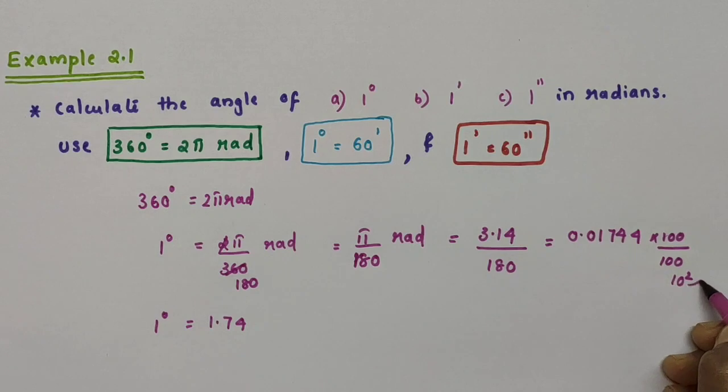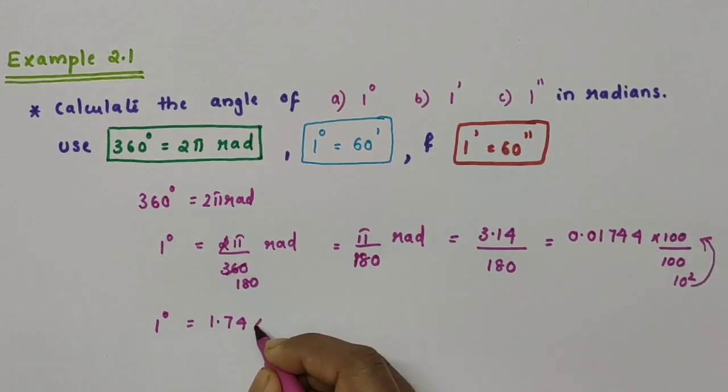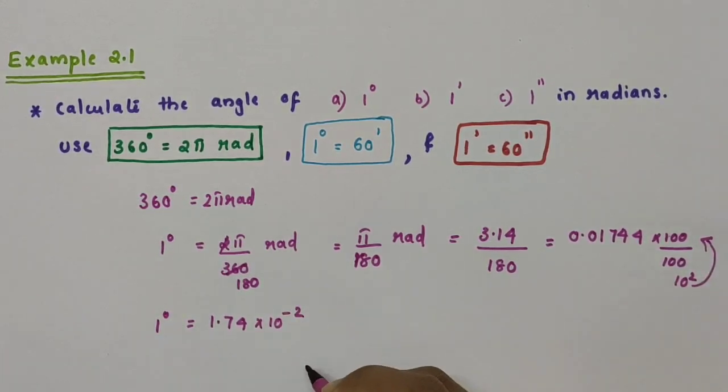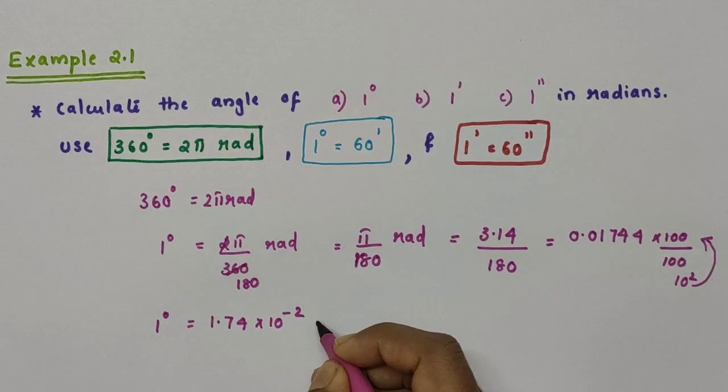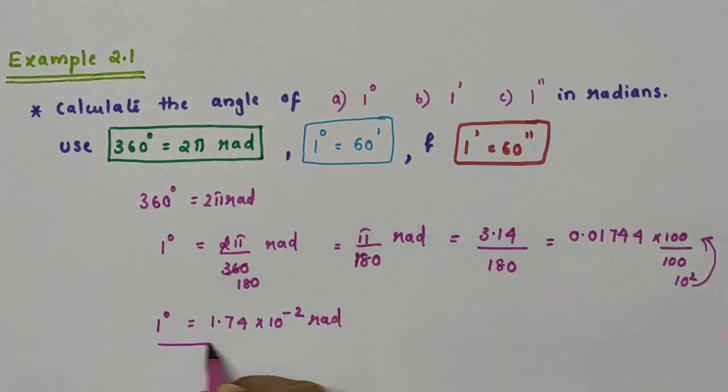When I take this 10 square to the numerator, it becomes 10 raised to minus 2. So we can write 1 degree is equal to 1.74 into 10 raised to minus 2 radian. So we expressed 1 degree in radian.